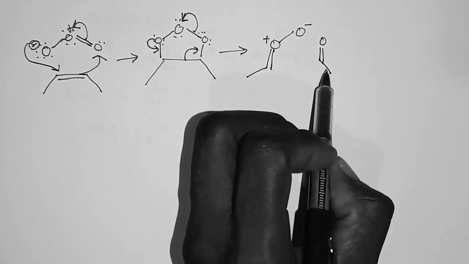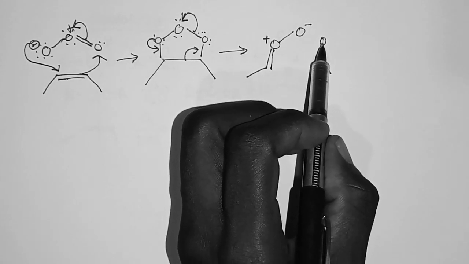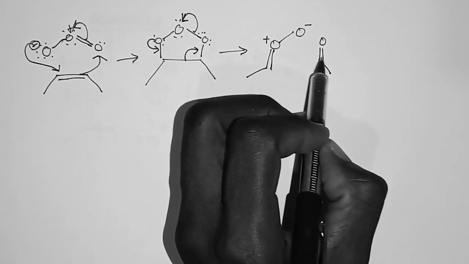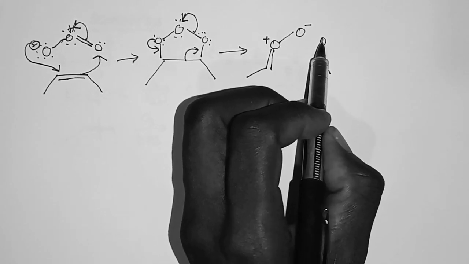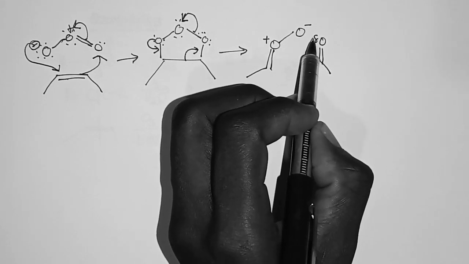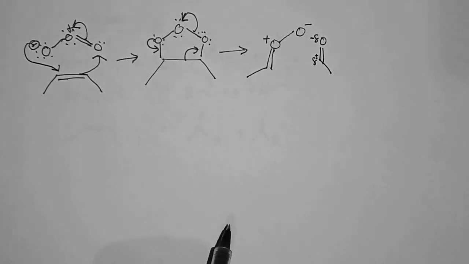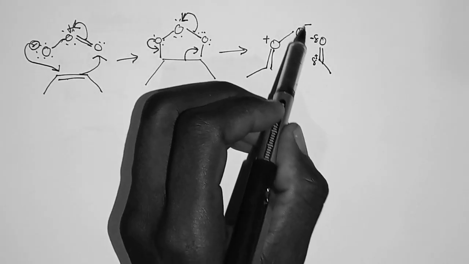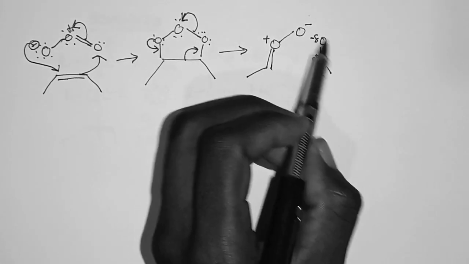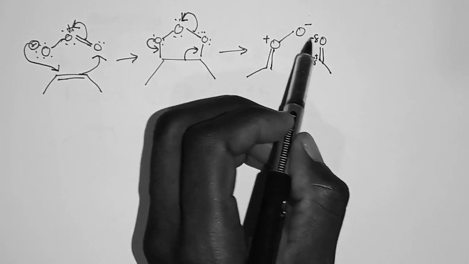Nonetheless, because of this double bond and because this oxygen is highly electronegative compared to this carbon, it will pull the shared pair of electrons towards itself more than the carbon. So this oxygen has a partial negative charge, and this carbonyl center has a partial positive charge. Now there is a negative formal charge here and a partial negative charge on this oxygen, so it's going to cause a repulsion between these two oxygens.